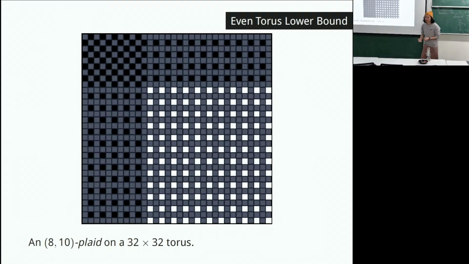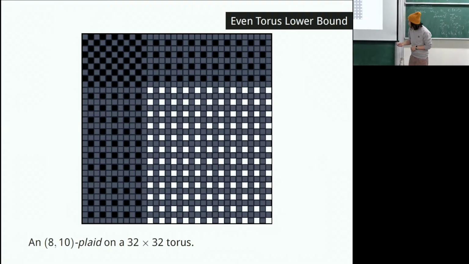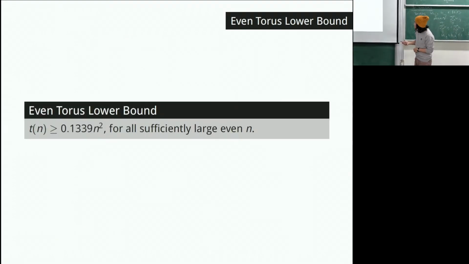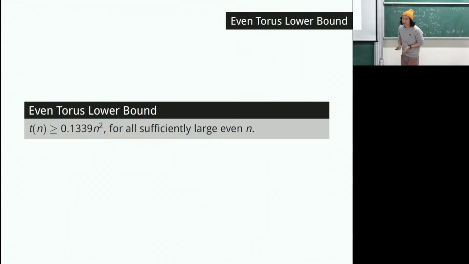So the bound is got by solving some quadratic equation. That's what this number, 0.1339, represents. And there is a linear error in n, that's why you just get this sufficiently large n part, right? So that's it. It's not terribly deep, right?